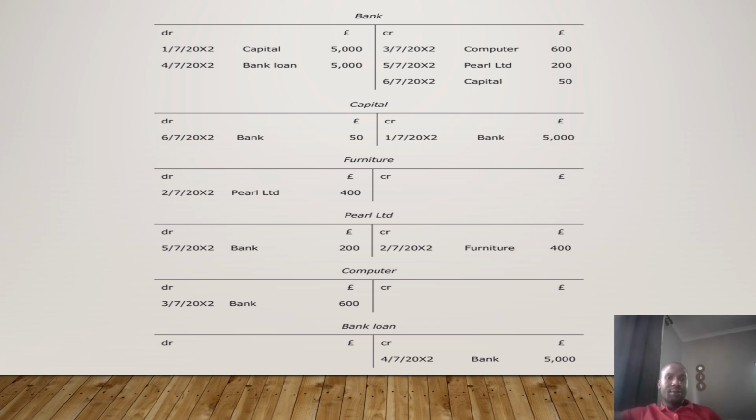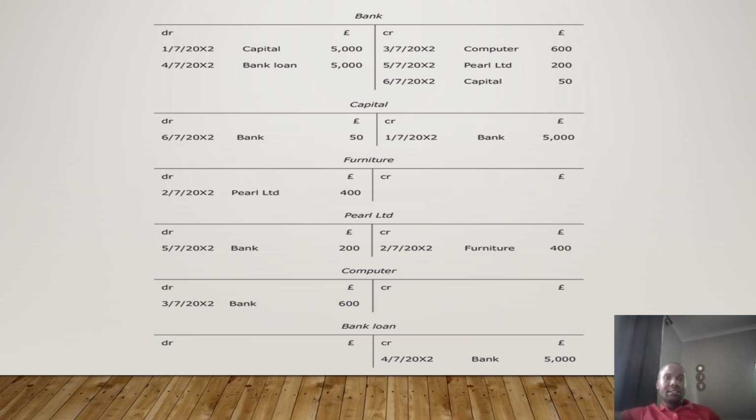And then we have bill limited account. This one is an account payable account. It has both a debit entry, which is a bank, and a credit entry for furniture. And then we have a computer account with a single debit entry, and then we have a bank loan account.